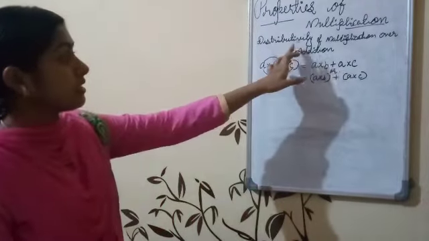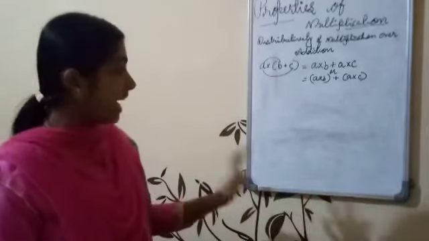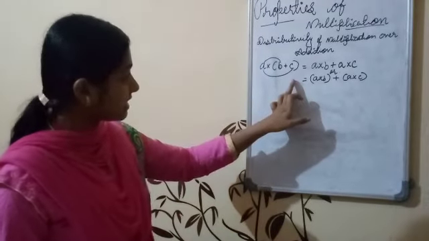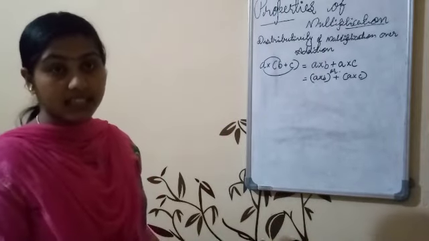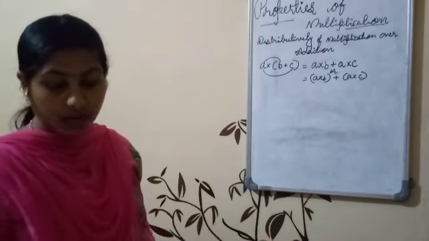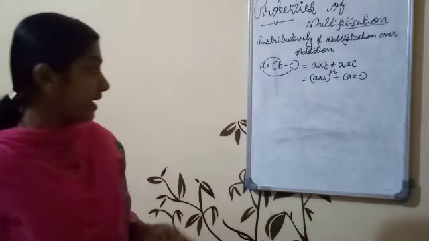Okay, distributivity of multiplication over addition: A into (B plus C) is equal to A into B plus A into C. The next one, distributivity of multiplication over subtraction.